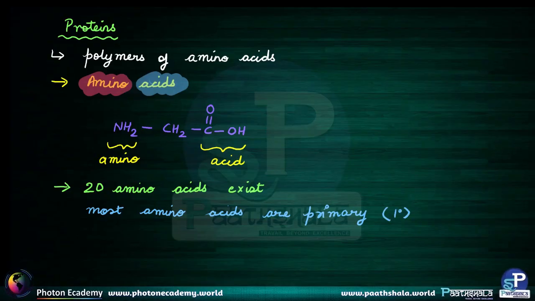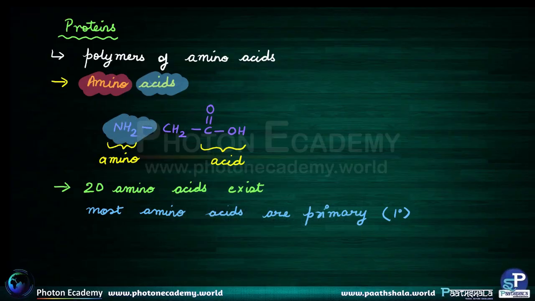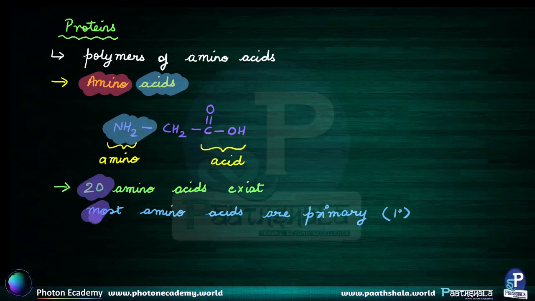The amino acids will be something like the previous example, with NH2 connected to one carbon. These are called primary. So we have seen that 20 amino acids exist, and most of them are primary, or 1 degree, in nature.